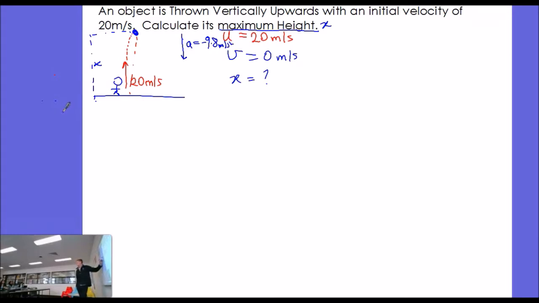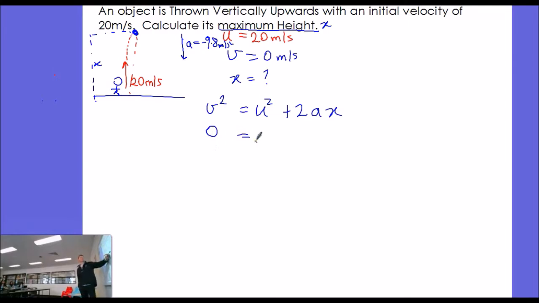So, what's an appropriate rule that could help us calculate the height or displacement if we know velocities and an acceleration? That's the one. Okay, so in this we let the final velocity equal 0.